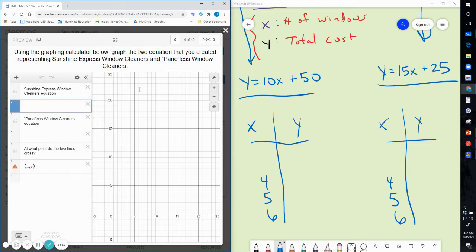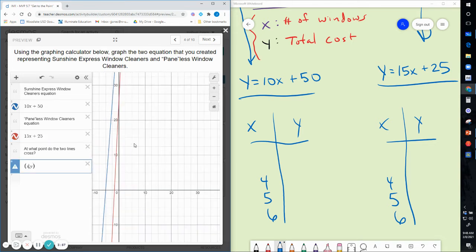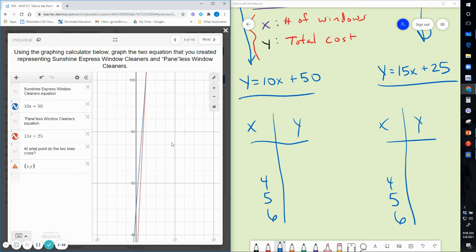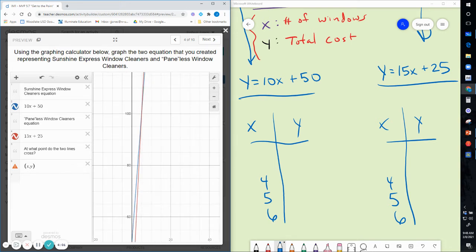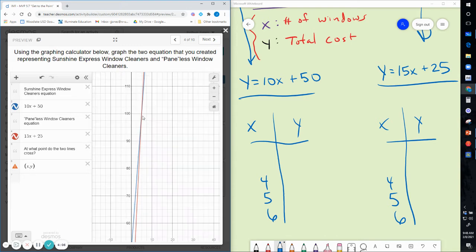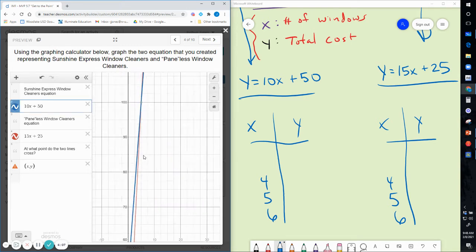All right, now you're going to go ahead and toss your equations in here. So this is Sunshine Express. And this one is Painless. Okay. And the question is, at what point do the two lines cross? So you're going to have to zoom out and find where these two lines cross, right? So way up here, where the heck do they cross?